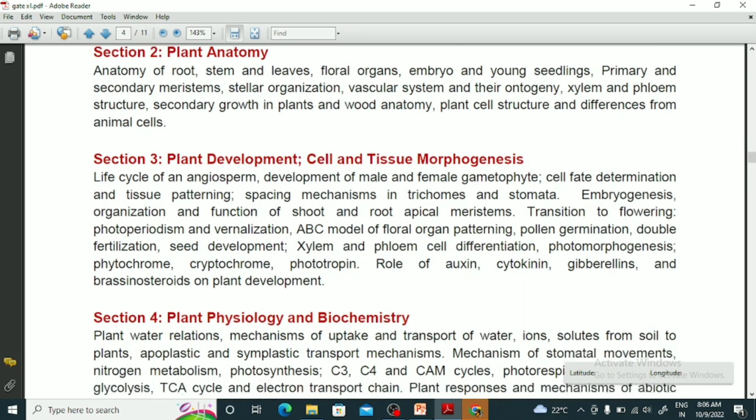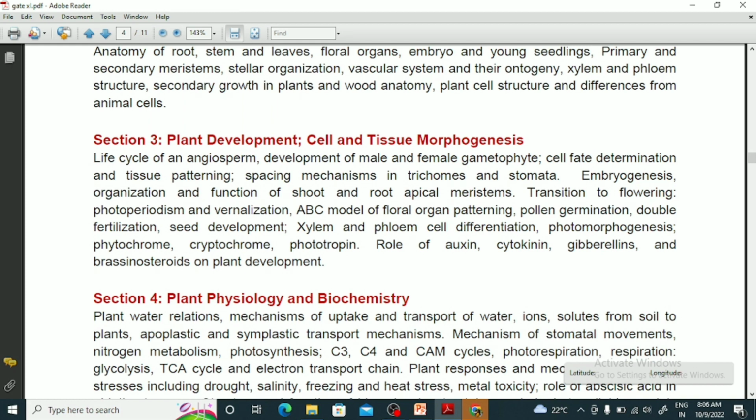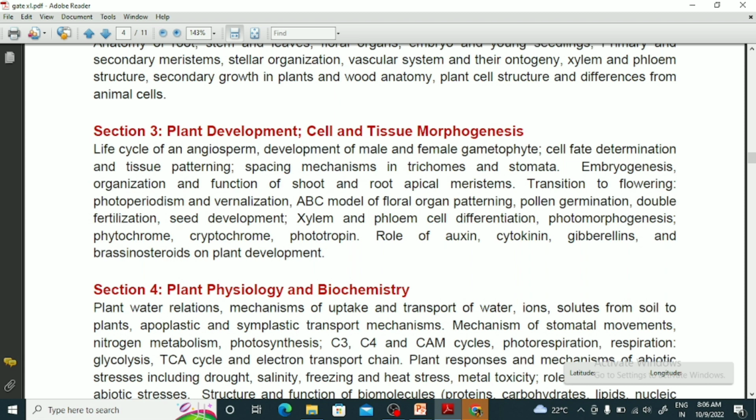Then the next topic is plant development, cell and tissue morphogenesis. It is majorly the patterning and spacing mechanism in trichomes and also stomata. Then we have embryogenesis, and the organization and function of the shoot and root apical meristems. In addition, we also have the plant hormones, where we have to go through their signaling as well.